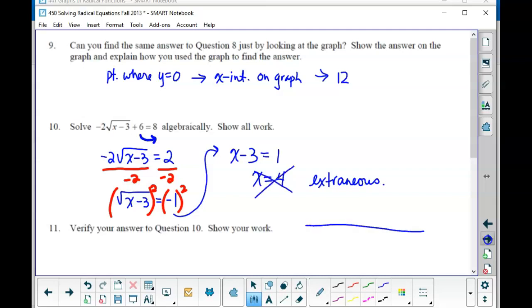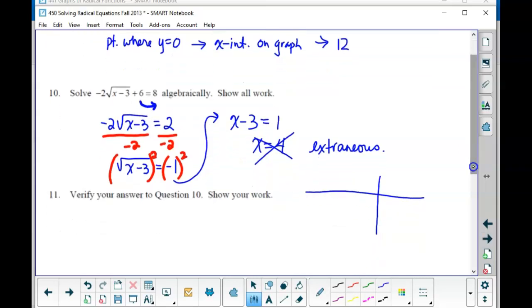And so if you check algebraically, remember to verify, keep your sides separate. This would be -2 times the square root of 4 minus 3, plus 6. Right side is 8. So you get 4 and 8 there.